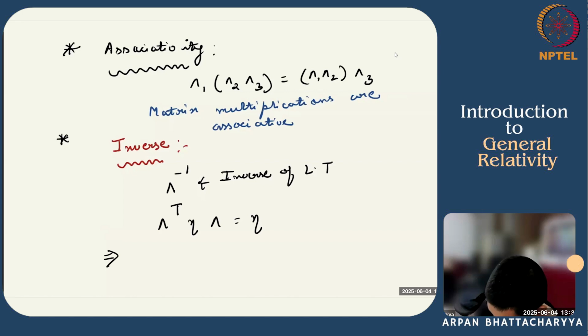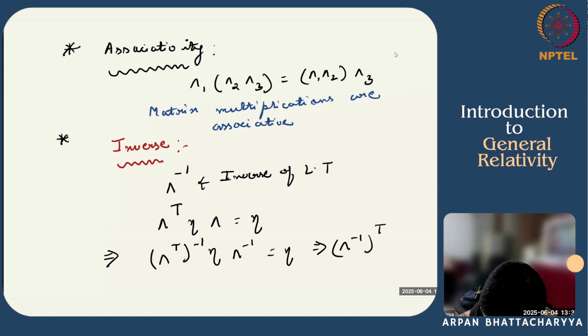So we will have lambda inverse transpose eta lambda inverse is equal to eta, which is to say lambda inverse satisfies the same relation. Hence you can see that lambda inverse is itself a Lorentz transformation and belongs to the group. Inverse exists.